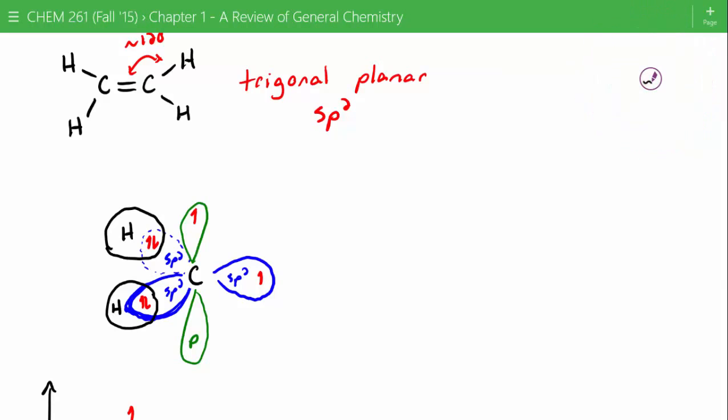So I'll put this carbon over here. And it has the same sp2 orbital. So basically I'm going to just clone what's on the carbon on the left and replicate it on the carbon on the right. So this has an sp2 orbital right there. Let me slide this carbon over.